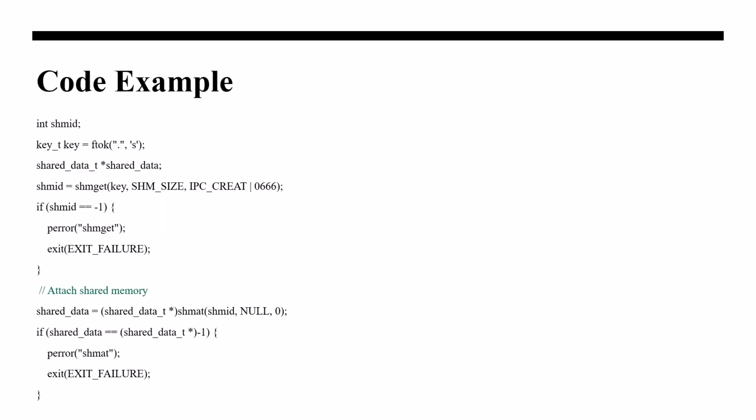So here's a small code example. You can see here there's a shared_data_t structure. Imagine it as a structure of whatever you need to pass between different processes. And here we have the key generation. The ftok function takes a file path and a project ID as input. As long as the combination is different, it will return you a different key number.